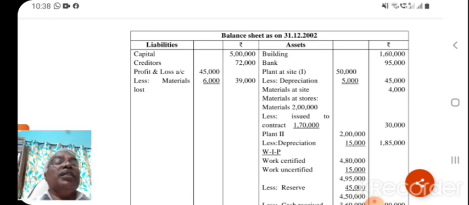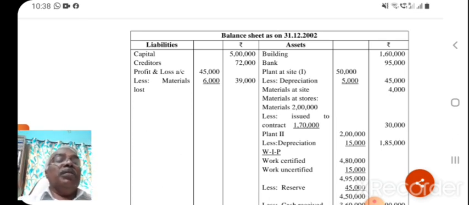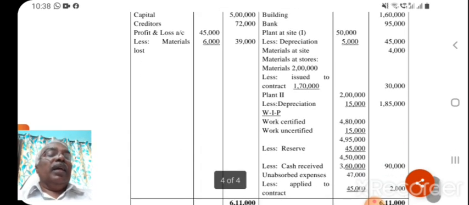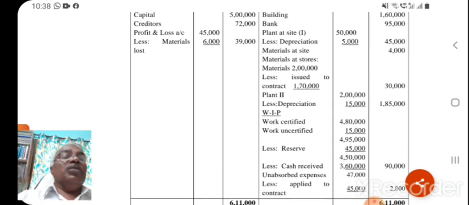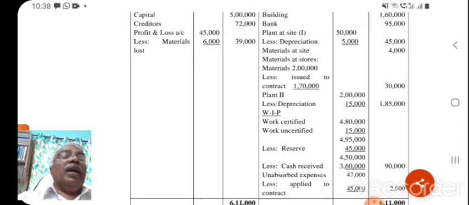Work in progress, work certified 4,80,000, work uncertified 15,000, 4,95,000, less reserve 45,000, less cash received. So in total 3,60,000 that you have received. So the balance you can put in the outer column, it is 90,000. And there are some unabsorbed expenses. What is that unabsorbed expenses?